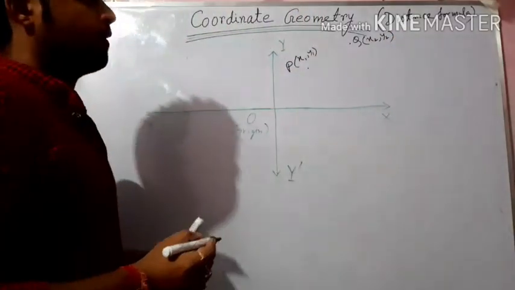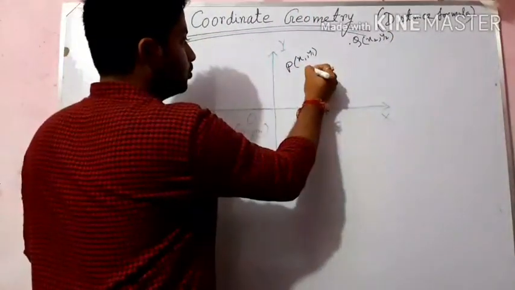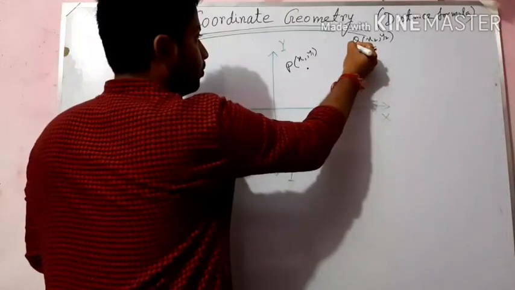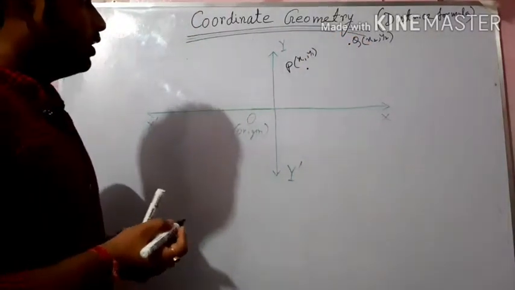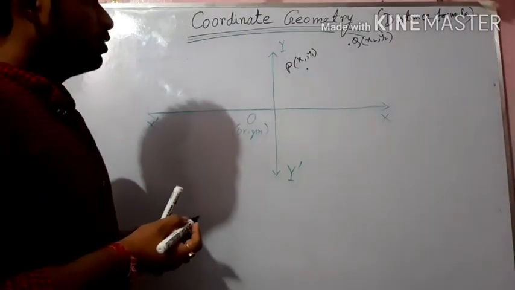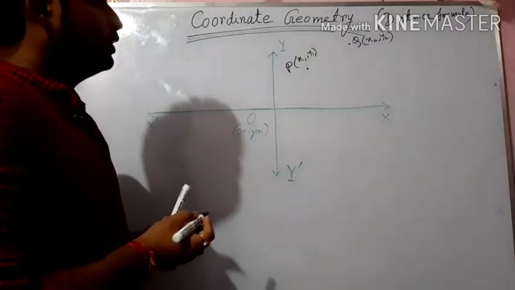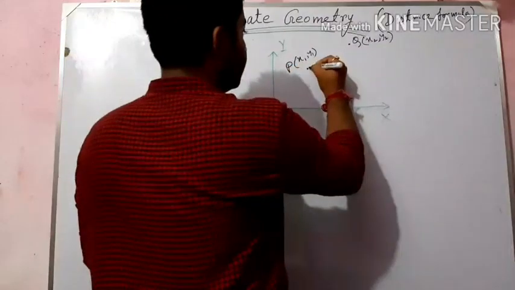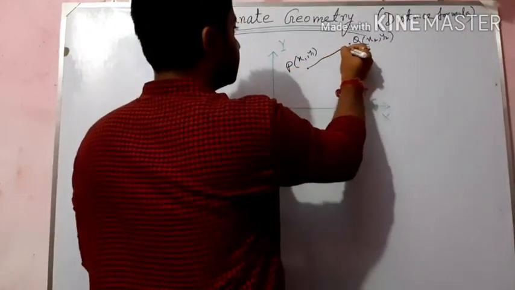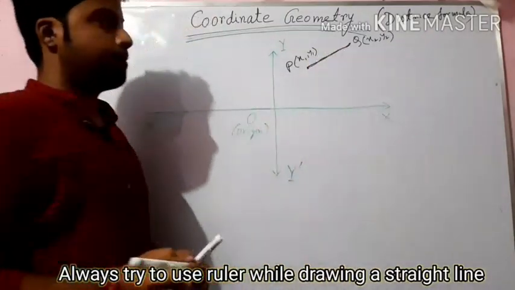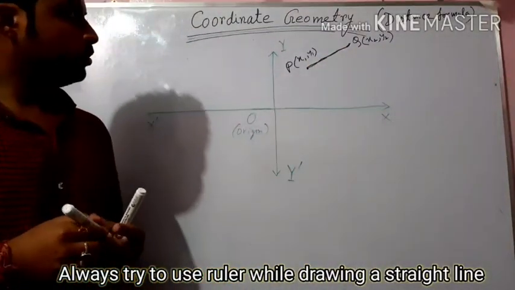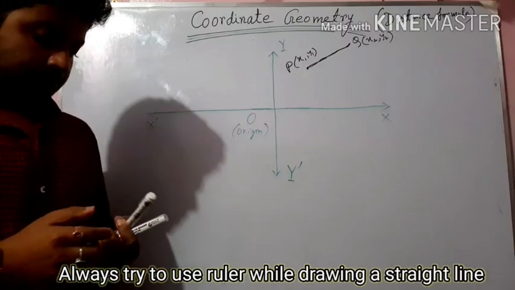Okay, these are the two given points with given coordinates. Now we are asked to find out the distance between this point. That means this is the distance, right? We have to find out this.